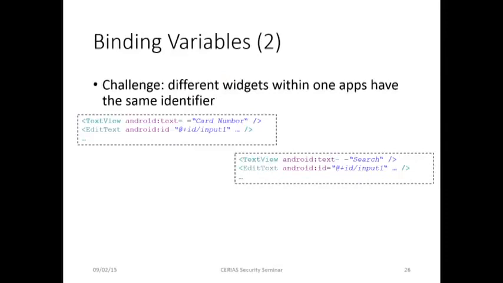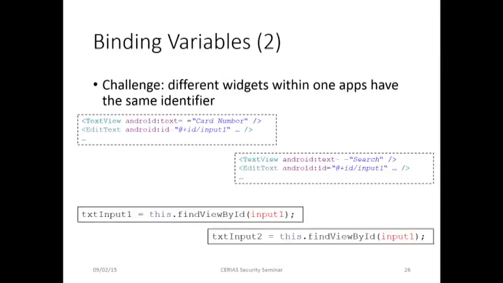For example, in this example, the input 1 for the card number is sensitive, but the input 1 for the search keyword is insensitive. So if we directly associate the identifier to the code, then we cannot distinguish the references of sensitive user inputs from the insensitive ones.